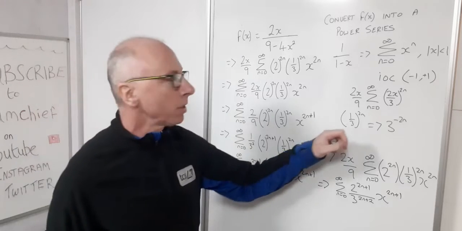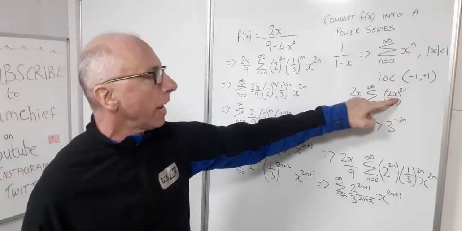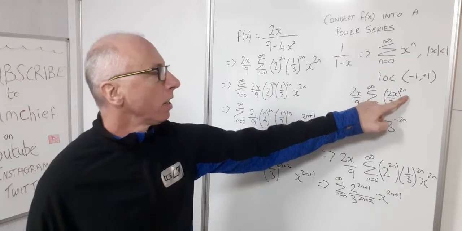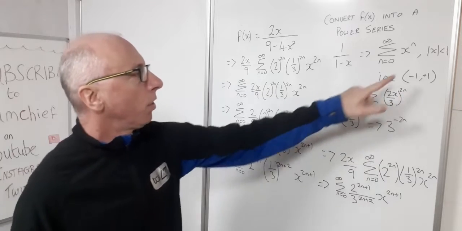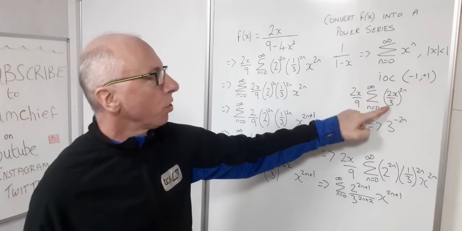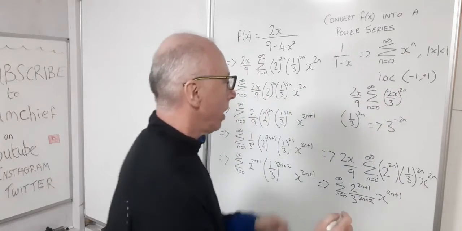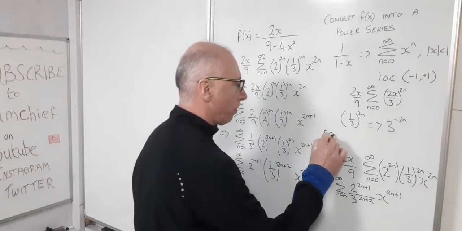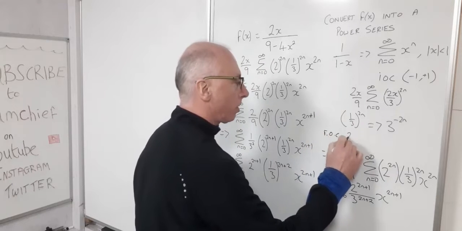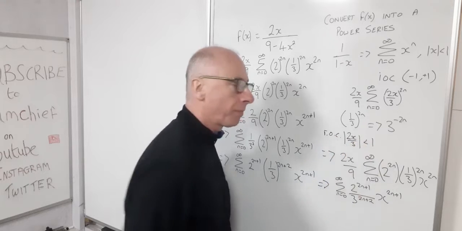When we broke the power series down into this format to start with, we had 2/3 x to the 2n. So for our absolute value of x to be less than 1, we've here got 2/3 x. So now I can write the radius of convergence: 2x over 3, absolute value less than 1.